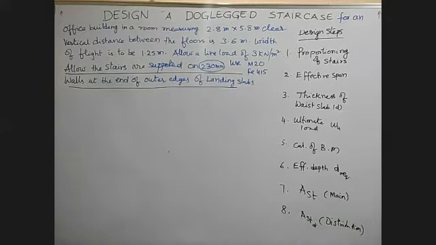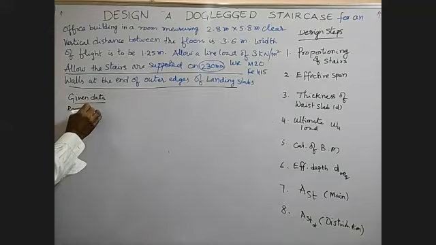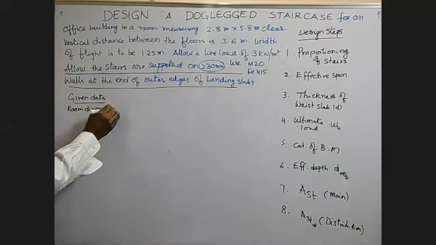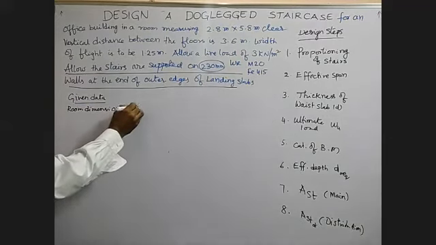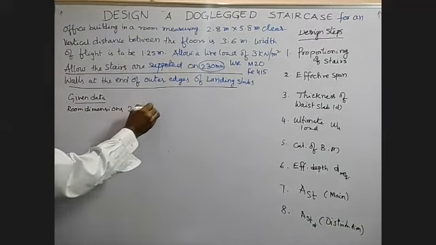Now, we'll write down the given data. What is the given data here? Room dimensions are given as 2.8 by 5.8 meters.